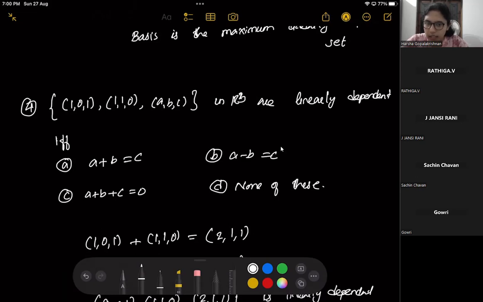But we can see the condition B, A minus B equal to C, is satisfied. So the possibility is for B. Because the third condition, A plus B plus C equal to 0, gives 2 plus 1 plus 1 equal to 4, not equal to 0. This is also not satisfied. So possibilities for B, not for A and C. With one example, we are able to say, but we will say it in general. Is that fine?